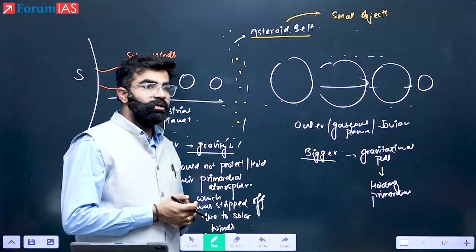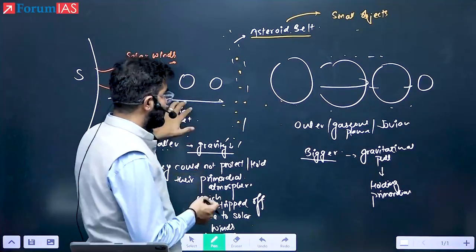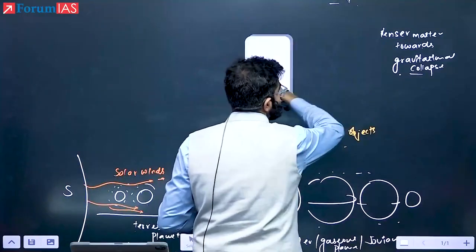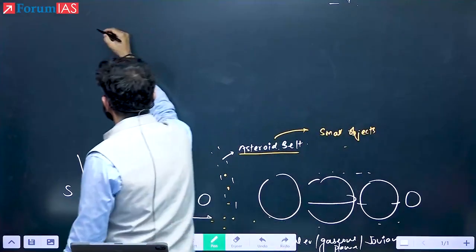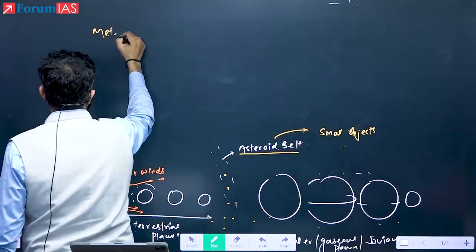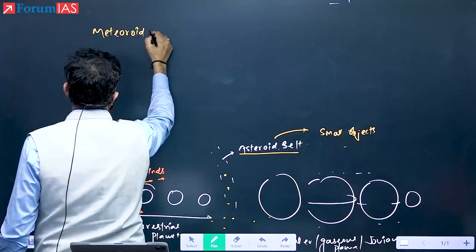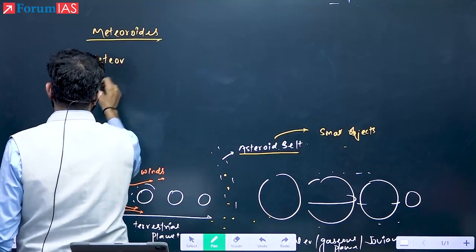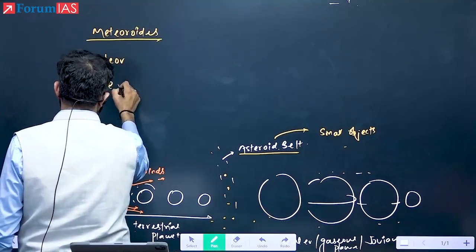Now, can you tell me what is meteoroid? There are three things that you should know. What is meteoroid, what is meteor, and what is meteorite? The three things.